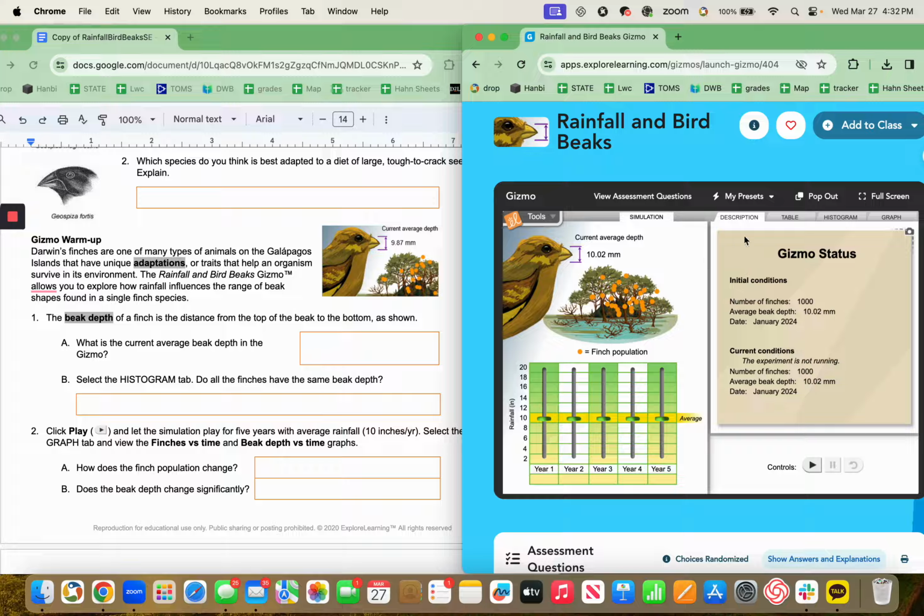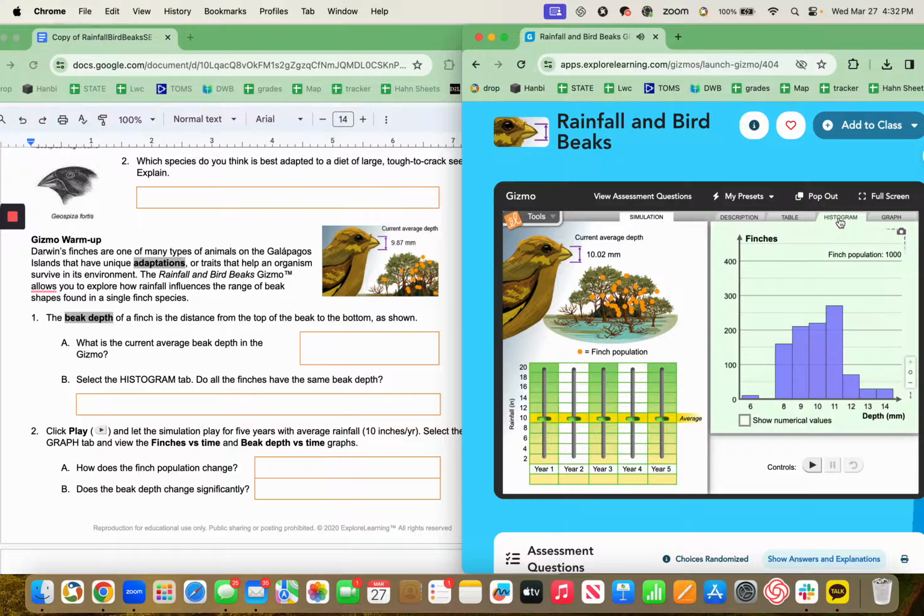And then you're going to look at the histogram right here and see, do all the finches have the same beak depth? Well, if you look, the beak depth is along the bottom, and these numbers right here tell you how many finches in 1,000. In a population of 1,000, 270 have a beak depth of 11. So that's a little bigger than the average.